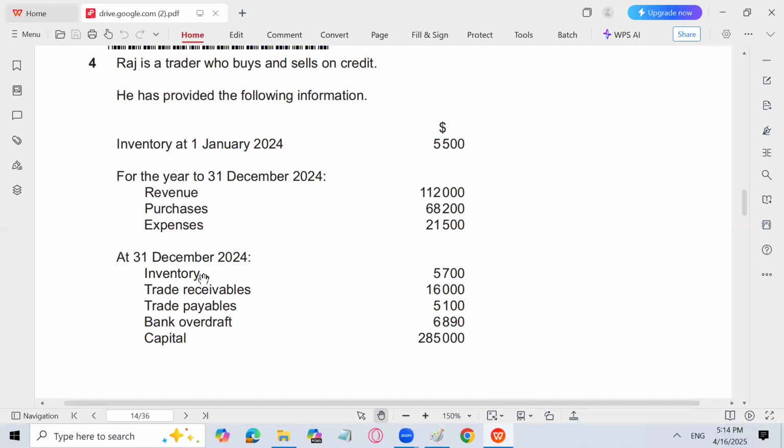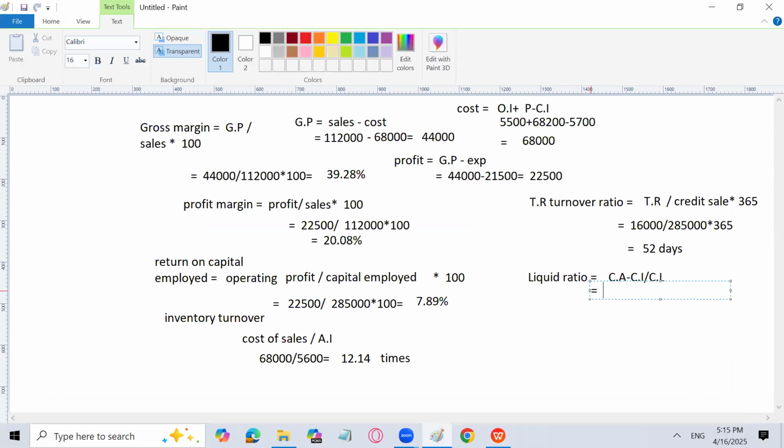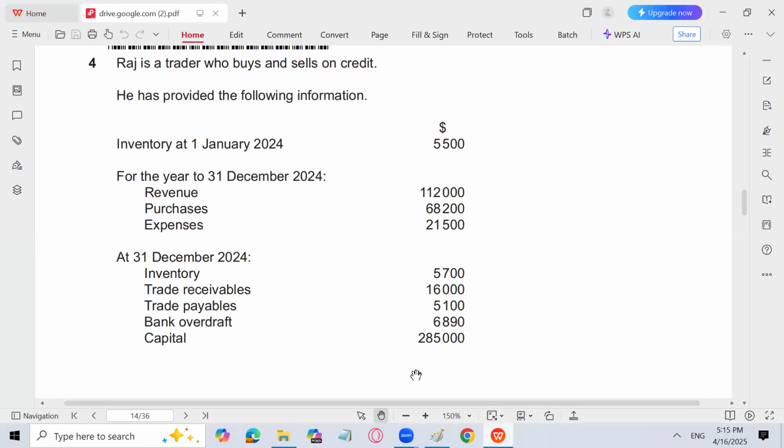So let's see. The current assets are inventory and trade receivables, and that's it. If you add them up, 16,000 plus 5,700 is 21,700, right? So I will do 21,700 minus 5,700, the closing inventory, divided by current liabilities. There are two current liabilities, trade payables and bank overdraft.